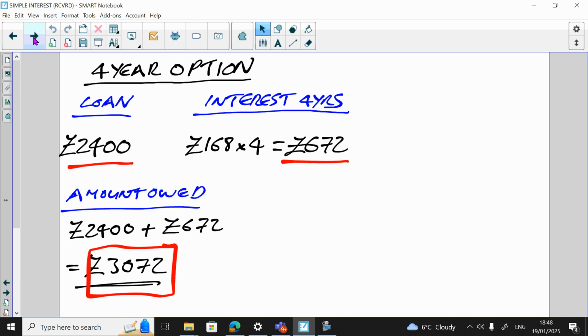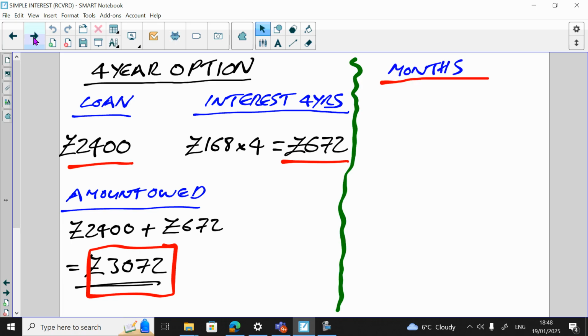So what we need to do here with the 3072 is we need to go for the number of months. But we don't have months. We've got 4 years. So how many months are in 4 years? So your 12 times table would come in here. 4 times 12, 48 months hopefully. Right? So that's good that you know that.